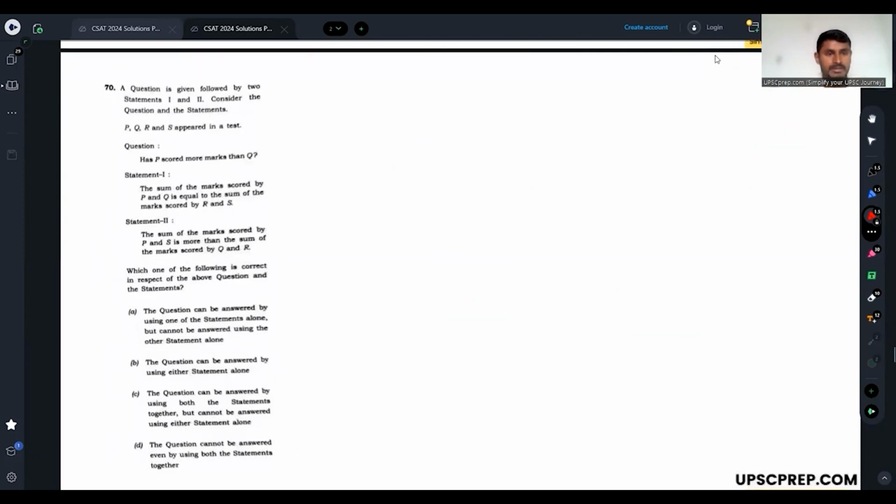70. P, Q, R and S appeared in a test. Has P scored marks more than Q? We have to check whether P has scored more marks than Q or not.